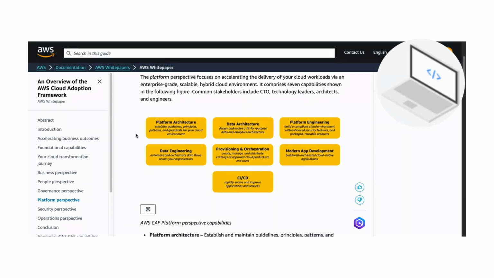First, there's platform architecture. This capability is about setting up and maintaining guidelines, principles, and patterns for your cloud environment. A well-architected cloud environment can accelerate your cloud adoption while minimizing risk at the same time. To achieve this, create an understanding with your organization around enterprise standards.